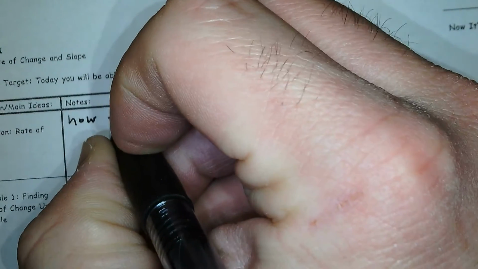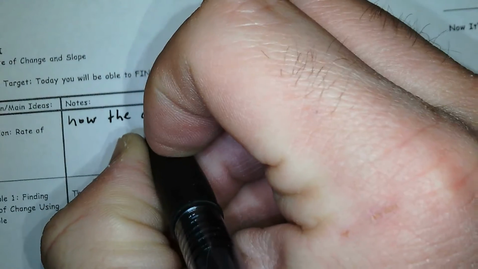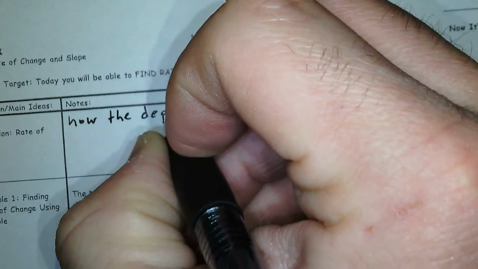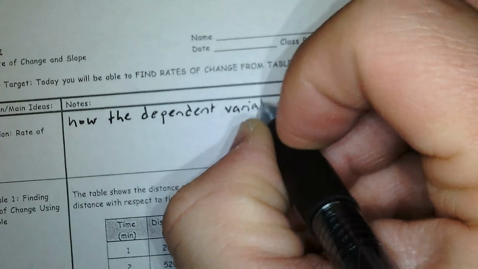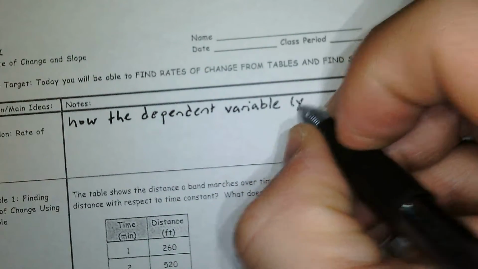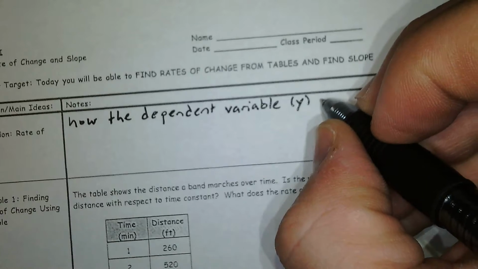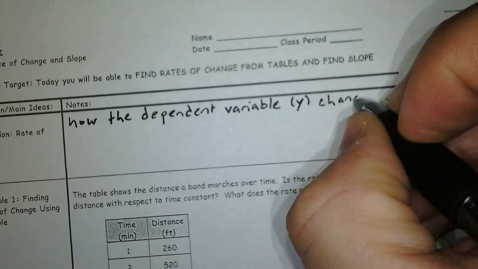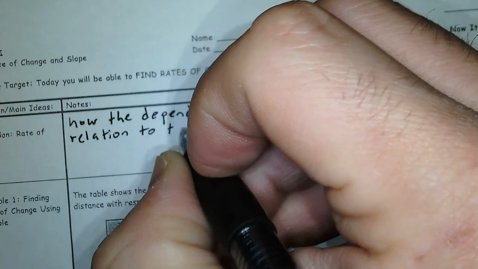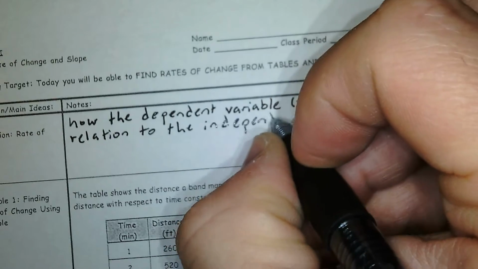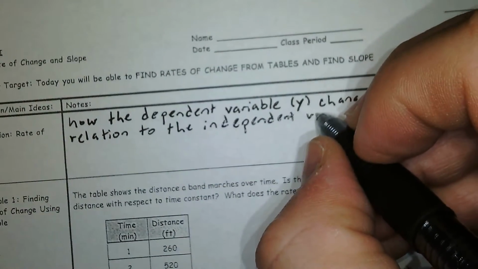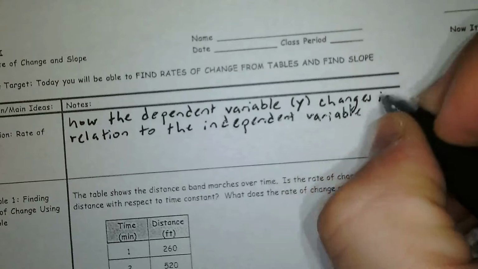the dependent variable, or y, changes in relation to the independent variable, or x.